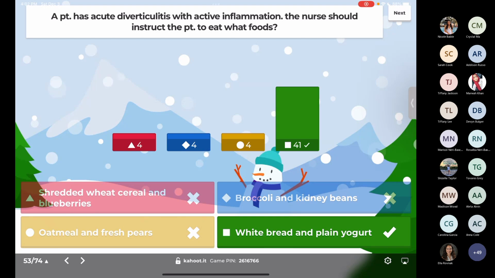Awesome job, guys. Remember, we want the BRAT diet for these patients: bananas, rice, applesauce, and toast. This is going to help decrease the pain, inflammation, diarrhea, all the above.